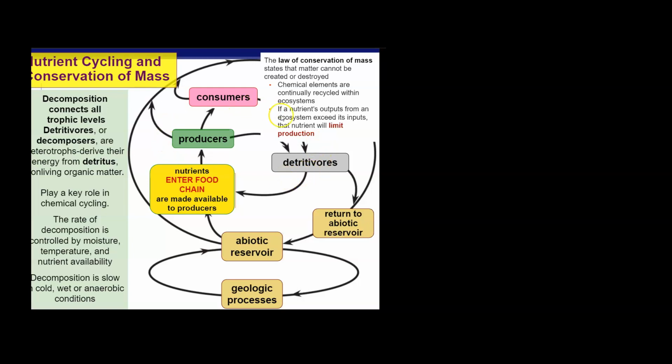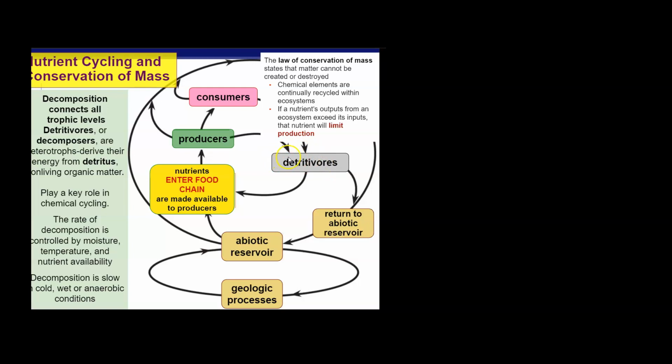So the definition, first of all, of a detritivore is a heterotroph that gets its energy from consuming detritus, which is non-living organic matter. So in other words, dead and decaying organisms, producers and consumers, are what make up the food source and energy source for detritivores.